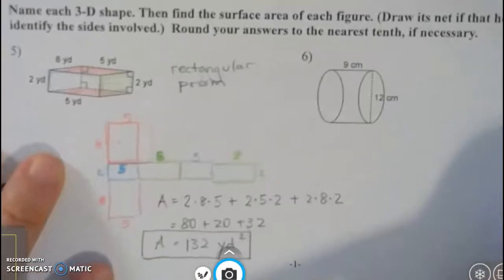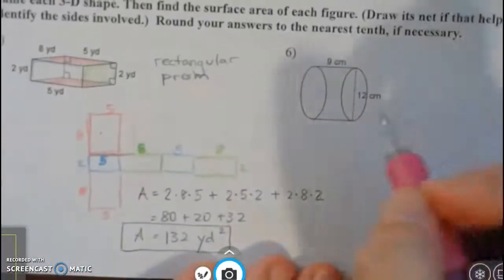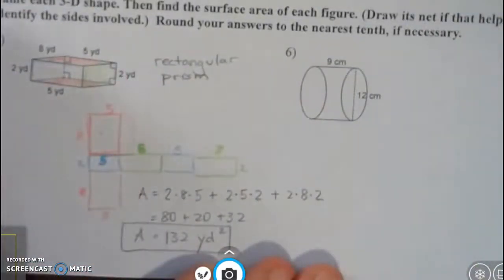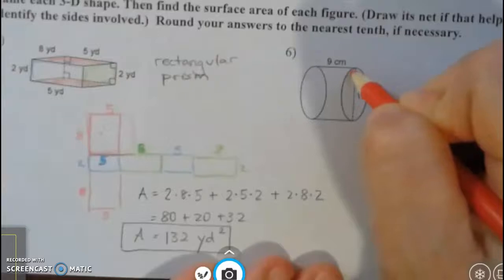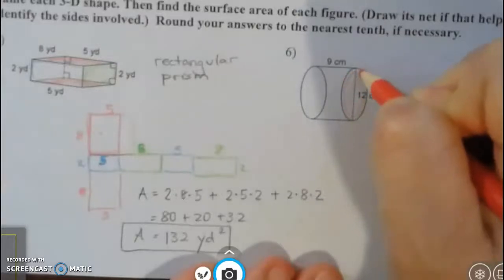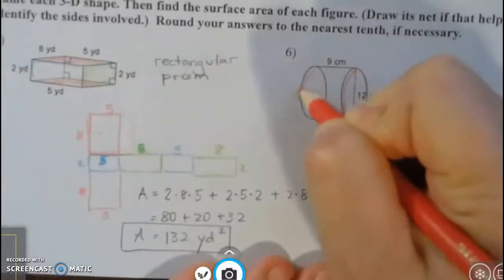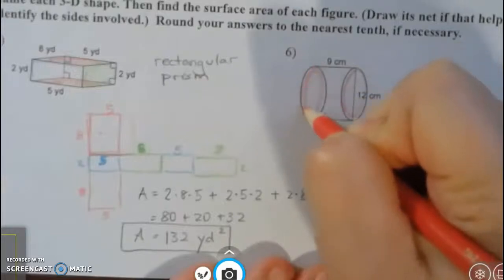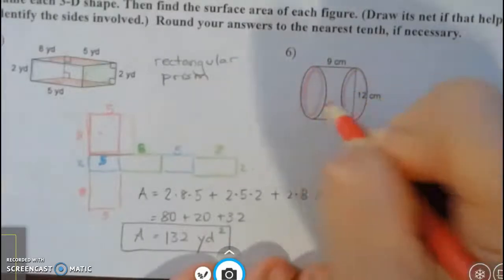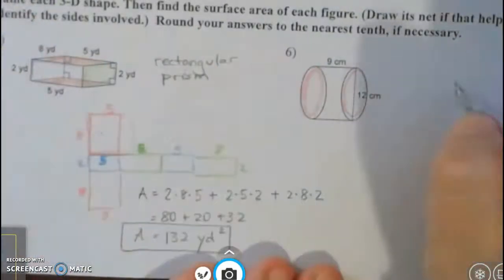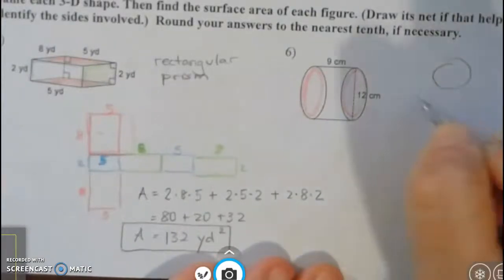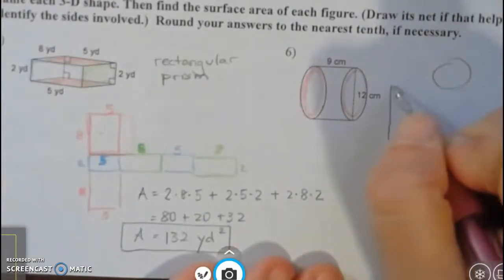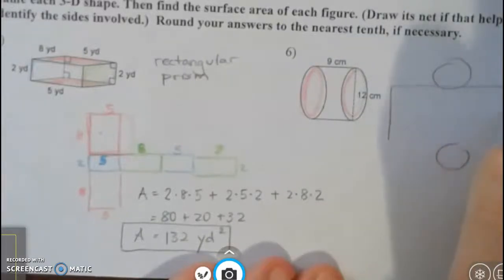Okay. Now number 6. It is a cylinder, because the 2 faces that are parallel to each other are circles. So we have 2 circles, one at the top and one at the bottom. And then we have a rectangle that joins the 2.